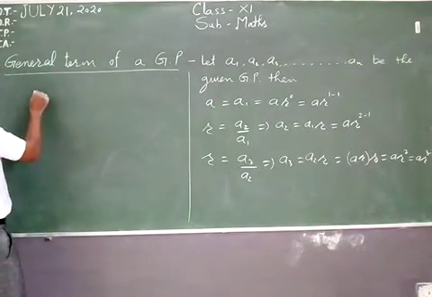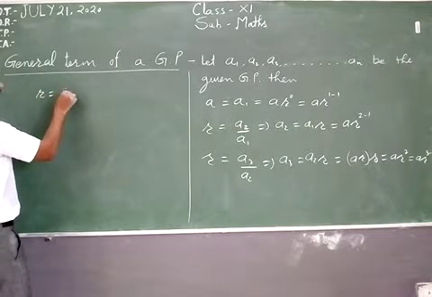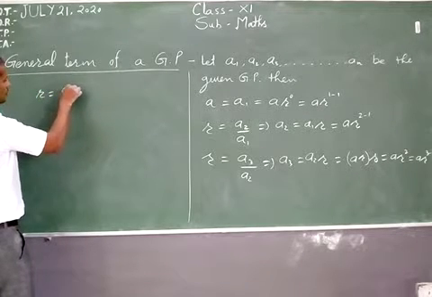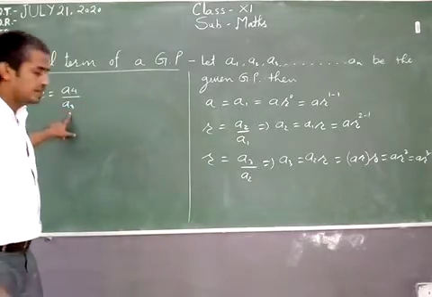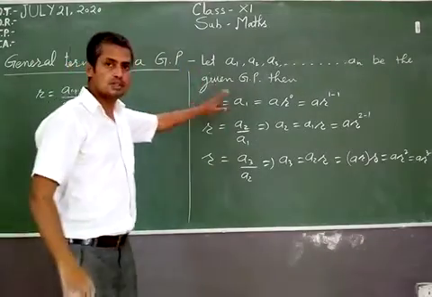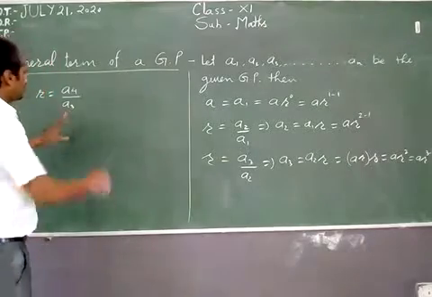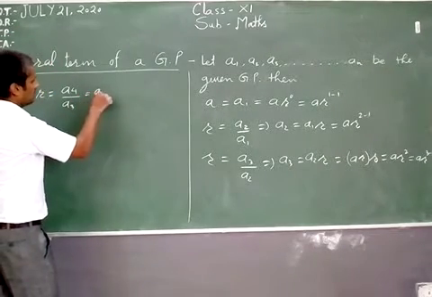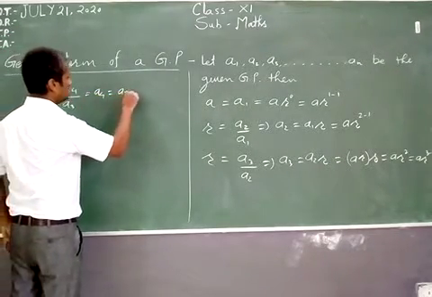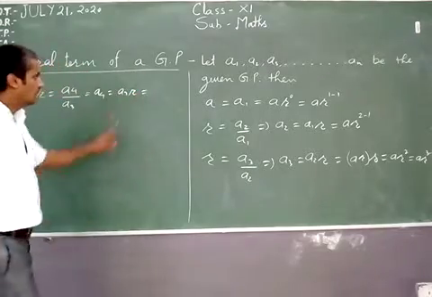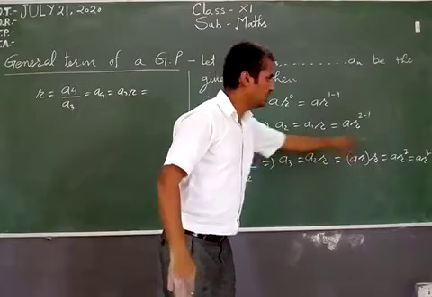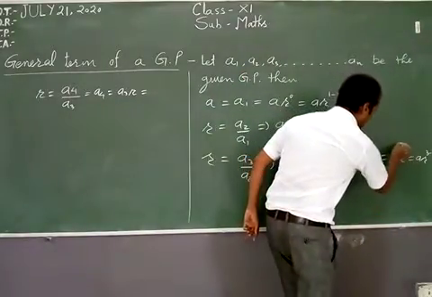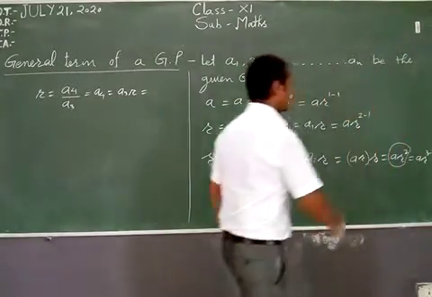The last common ratio we can find is A4 upon A3, meaning the fourth term divided by the third term, equal to A4 equals A3 into R. The value of A3 is A into R square.